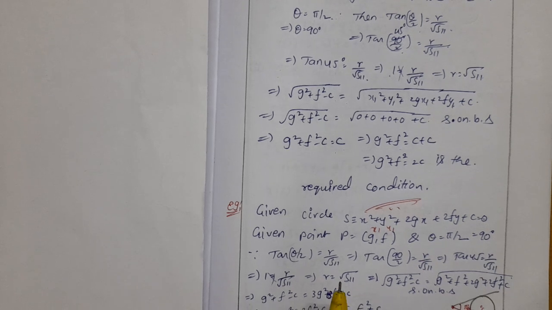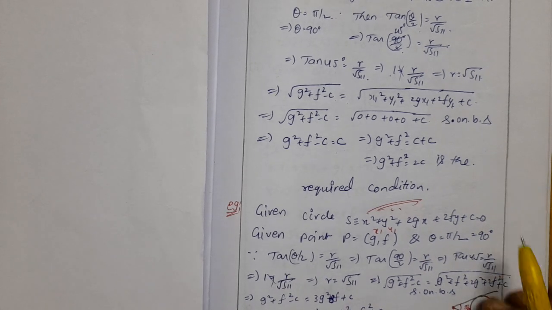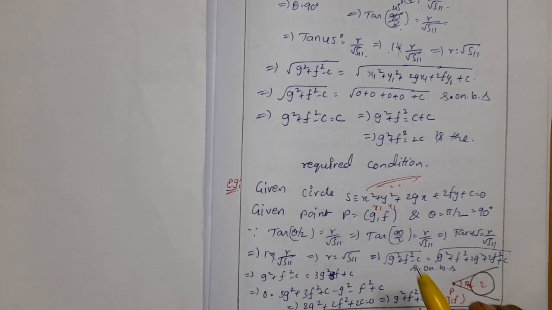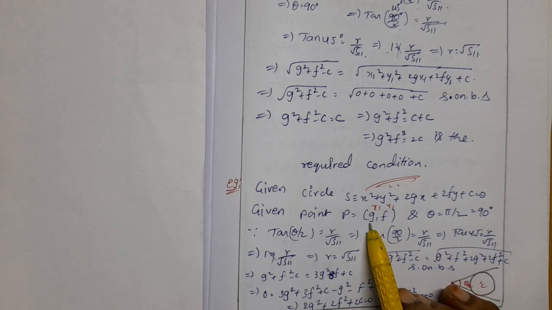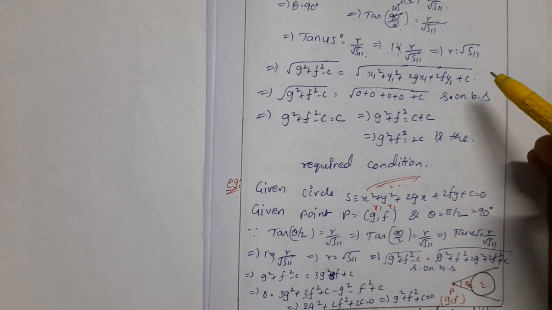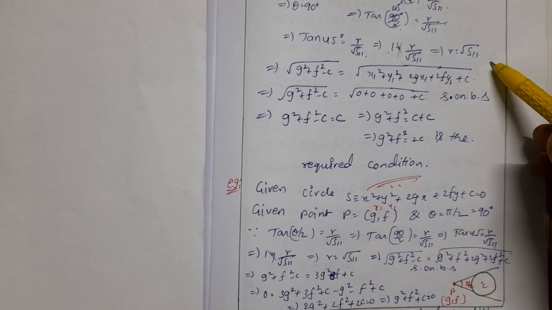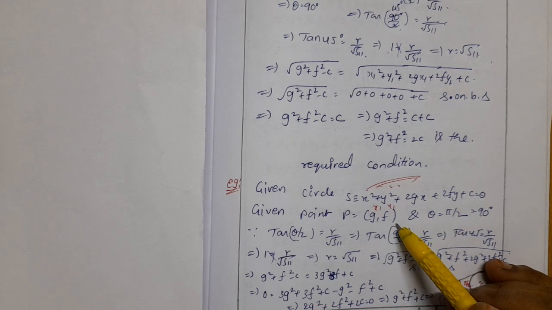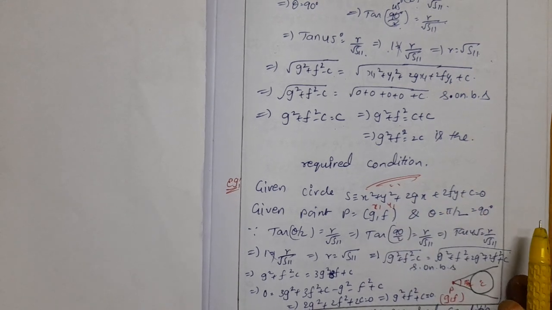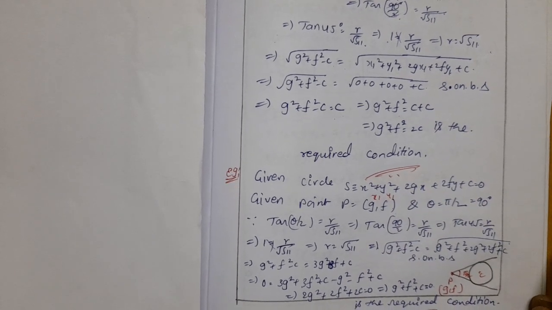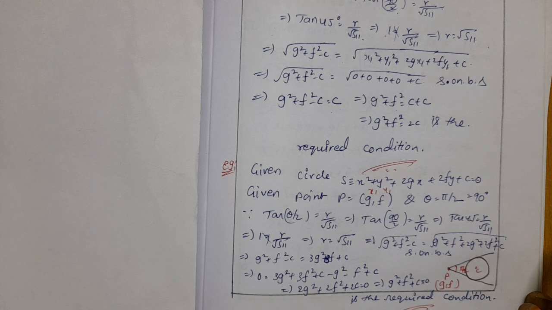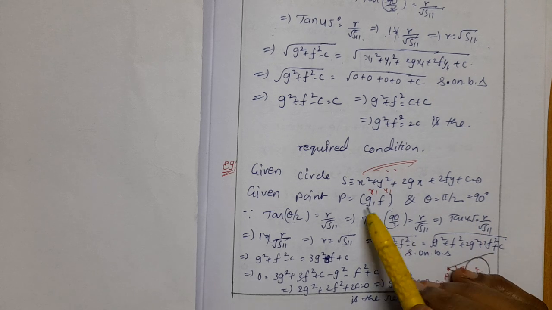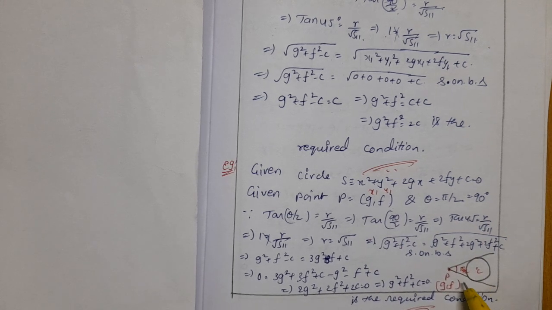Same as this problem, the example problem also. However, the point changes, only g comma f. In this problem the point is the origin, in this problem it is g comma f, same process. Here also tangents from P are perpendicular.